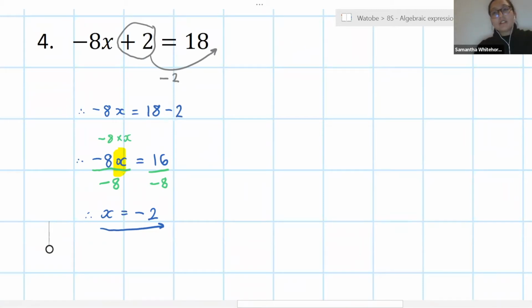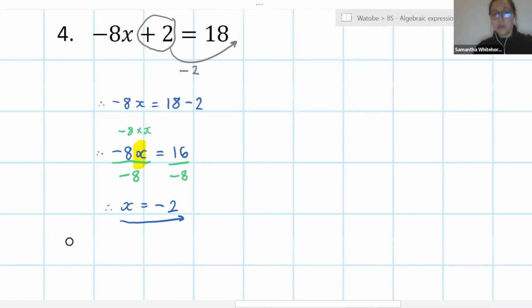Lesedi, not any other method that's easier. If you've got another method, please raise your hand and share with us. But this will be the easiest way to solve this specific equation. There are other ways to do it, but it does become a little bit more complicated.